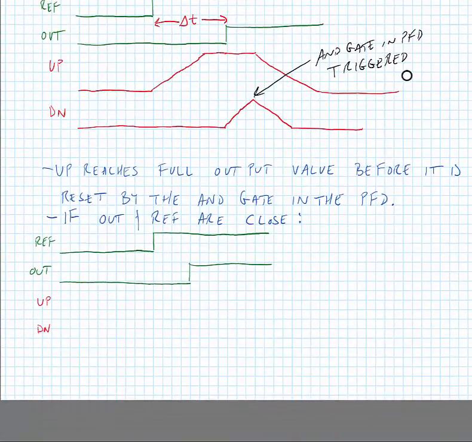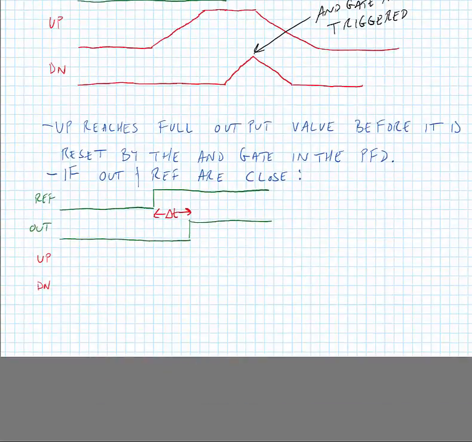But let's say that the output and reference are too close in time. So now we have this smaller delta T, and let's look at what happens. So here our up pulse starts to go up, but remember it has a long ramp.